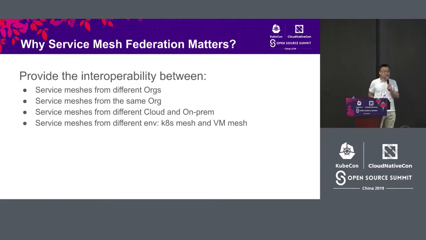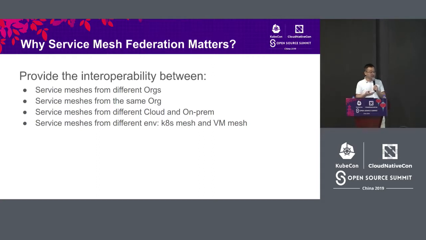Now let's talk about Service Mesh Federation. Why do we need Service Mesh Federation? Imagine you have workloads running in different meshes. How can these workloads talk to each other? The main point of Service Mesh Federation is to provide interoperability between two different meshes.